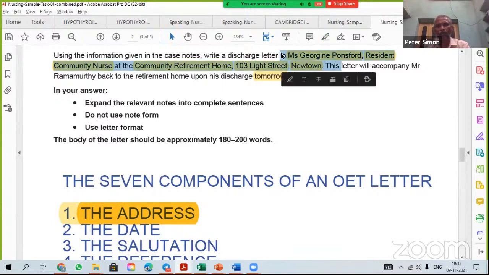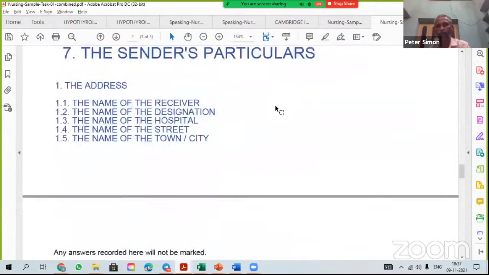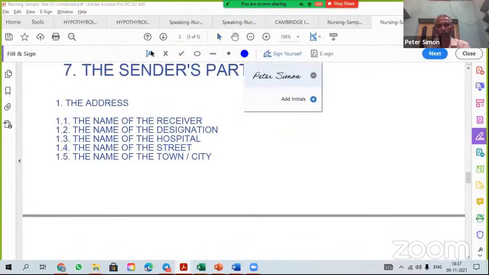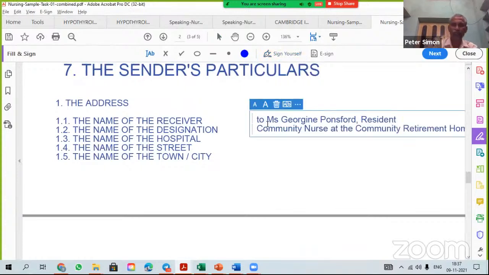The 5 names are here already. That is Miss Georgian Ponsford.